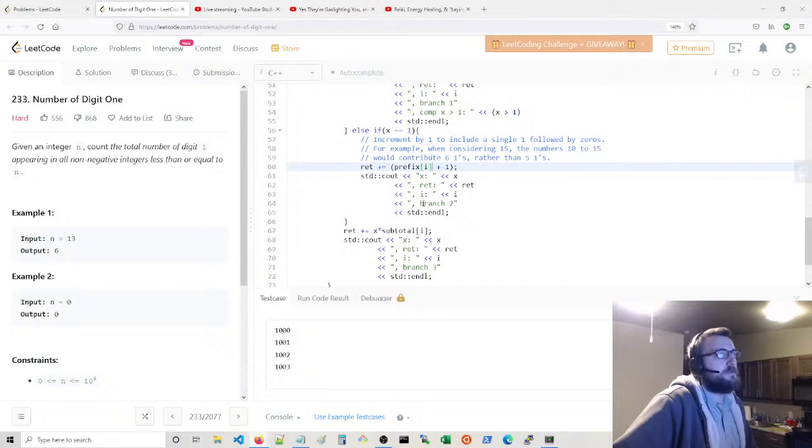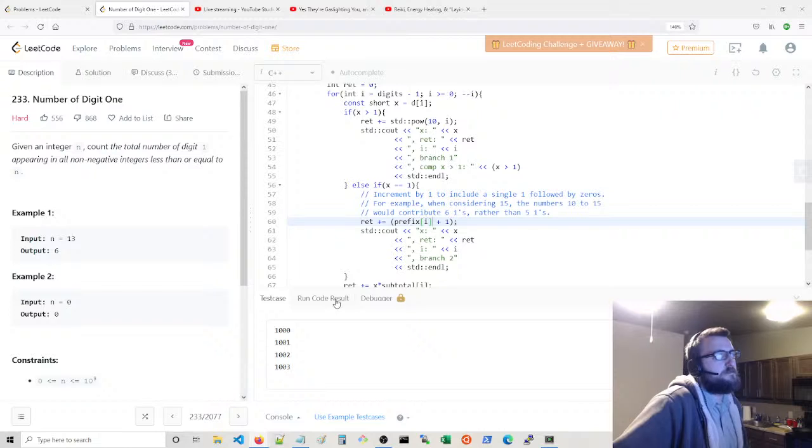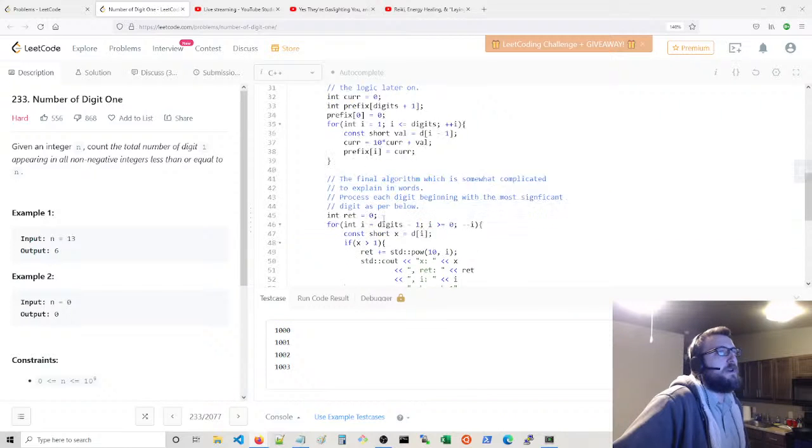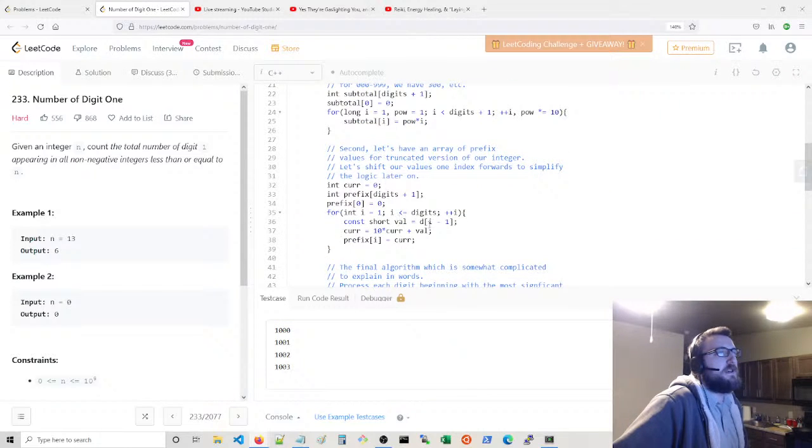But why is prefix of 1 100? I think we're doing this backwards when I'm creating the prefix. I think we got to go with the most significant digit first.